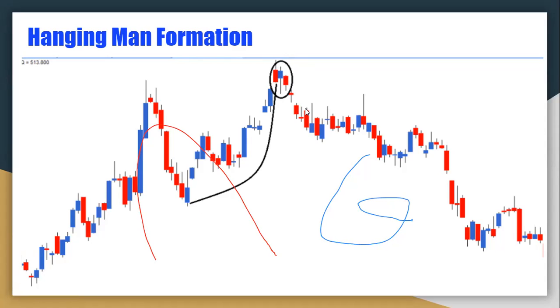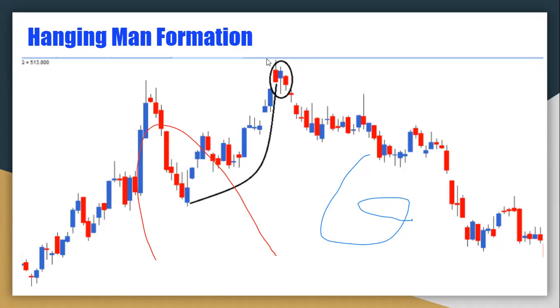So this means that on this particular day, bulls and bears were almost equal in strength. And since this follows an uptrend, every day bulls were taking the prices upwards, and now suddenly bulls are not able to take the prices upwards. That means fresh bears have taken entry into the market.